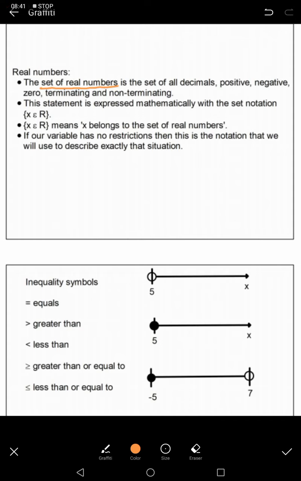As you can see, the next line just repeats that. x ∈ R means x belongs to the set of real numbers. So if our variable has no restrictions, then this is the notation that we're going to use to describe exactly that situation.